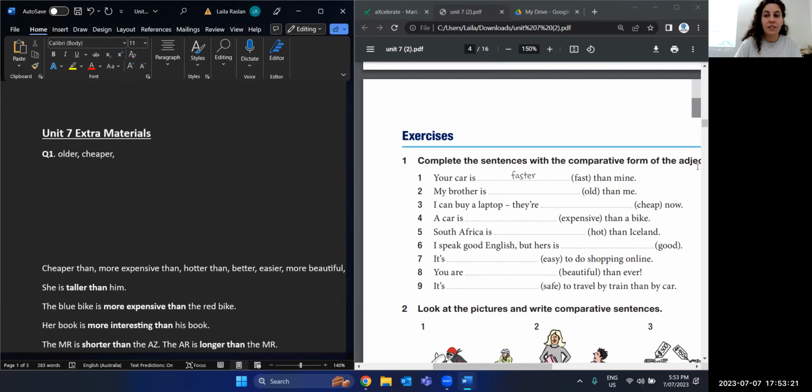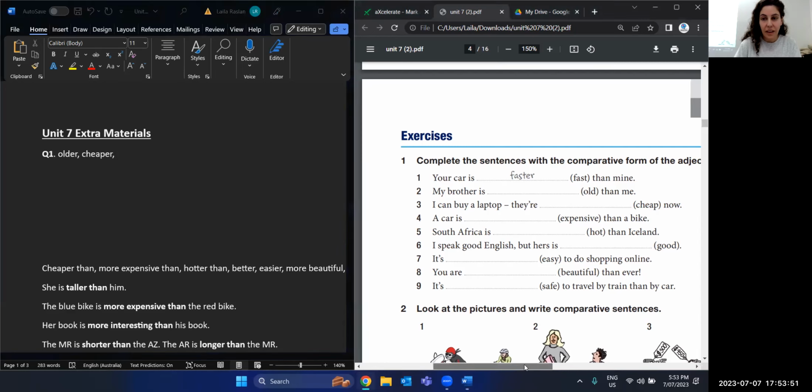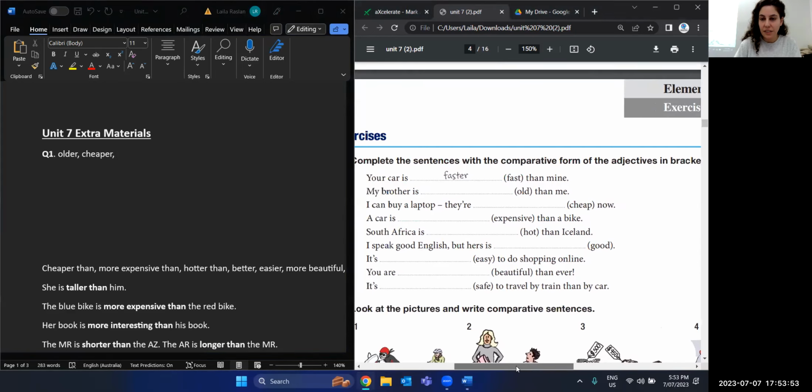Yeah, they're cheaper now than before. Yeah, they're cheap now. We have to put it in the comparative.